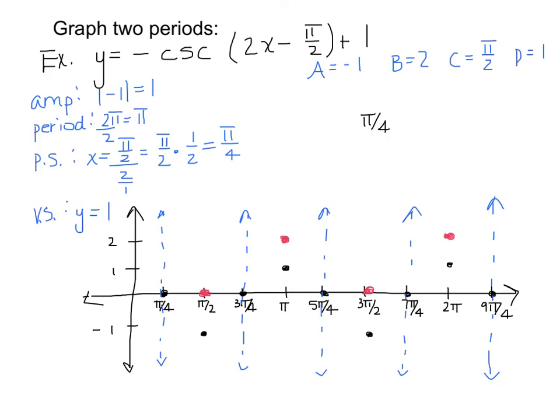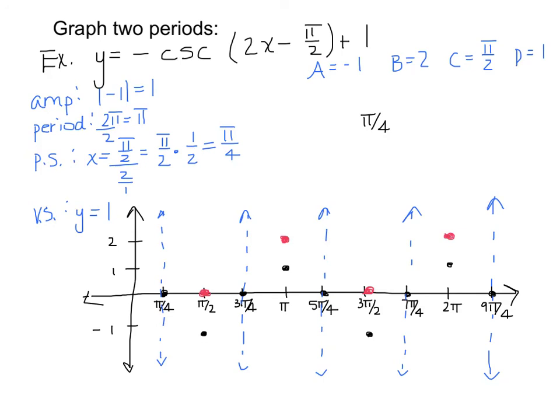So now, and remember, if you have to draw the sine curve so you'll know how it looks, then you can. And if you don't need to, then that's fine.